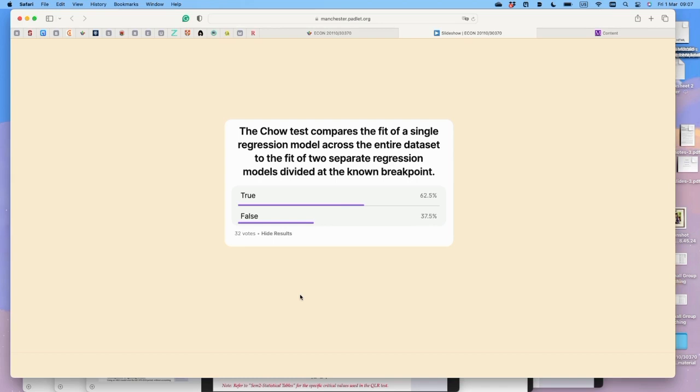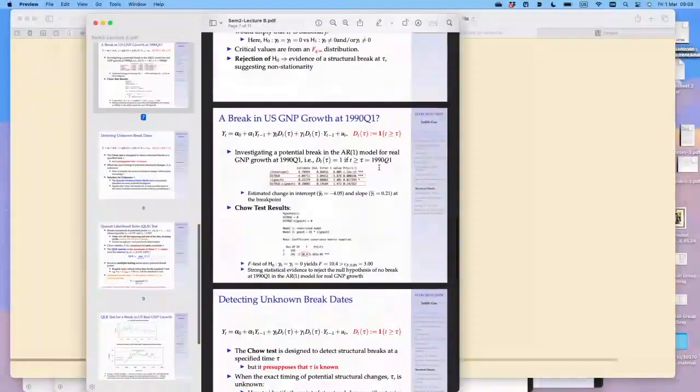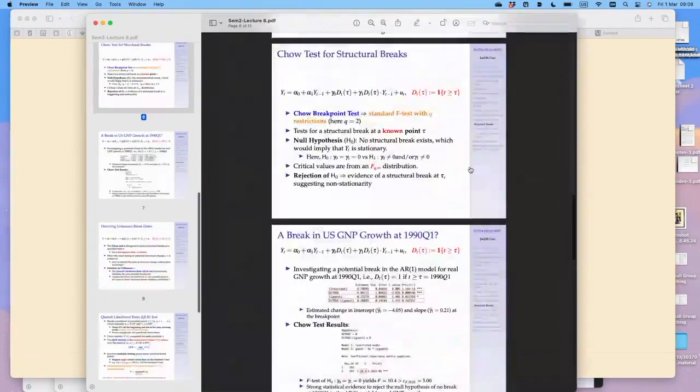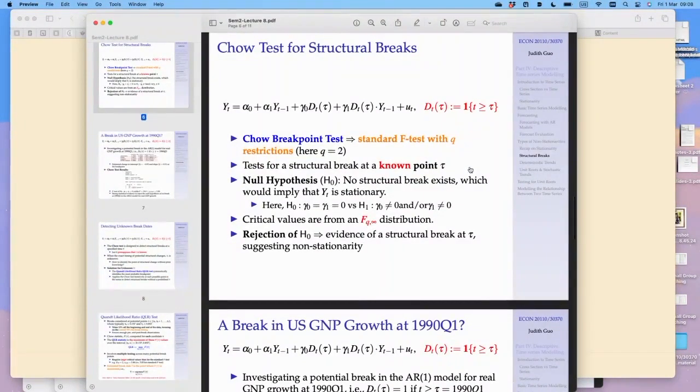What was the idea of the F-test? The Chow test is essentially the F-test. The construction of the F-test involves comparing the residual sum of squares of the restricted and unrestricted models. Remember, what we discussed on Monday: under the null hypothesis, the model will not involve these terms.